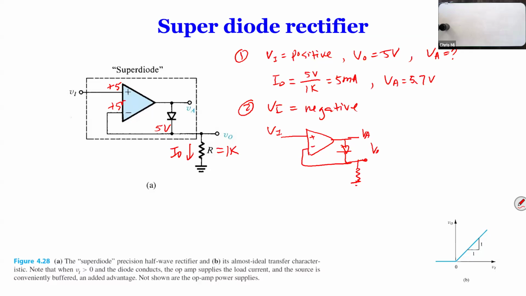So the next figure we're going to draw is where the input is negative. Let's do something similar, 5 volts. Based on the ideal op-amp property, if the positive terminal is 5 volts, the negative terminal would have minus 5 volts.